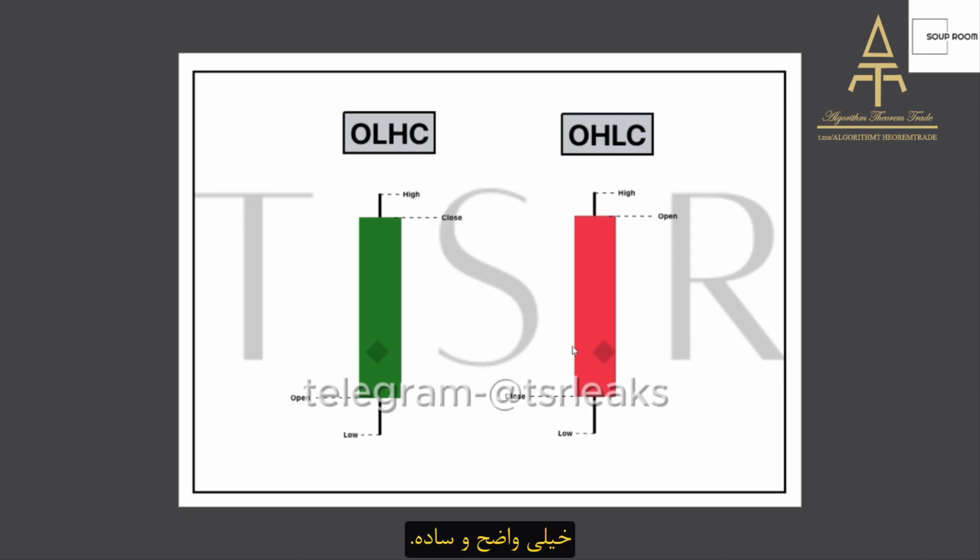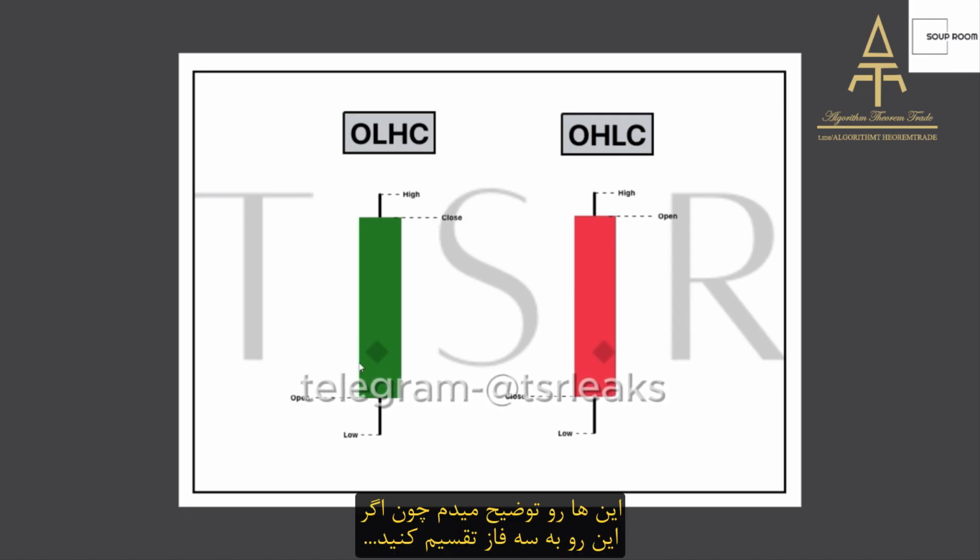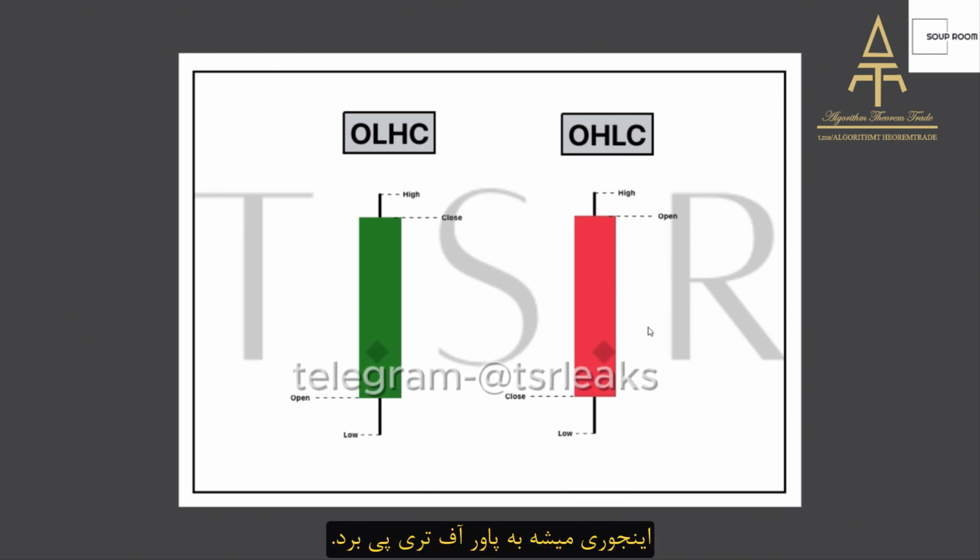All right, so very straightforward here, very simple, nothing to complicate. The reason I'm explaining this open, low, high, close and open, high, low, close is because if you divide this candlestick into 3 phases, then you can locate the power of 3, and that's exactly what you should be doing.